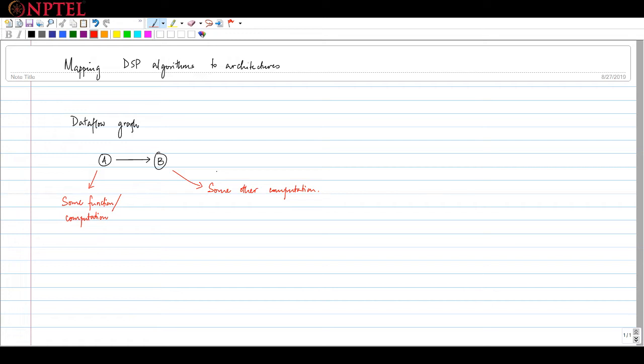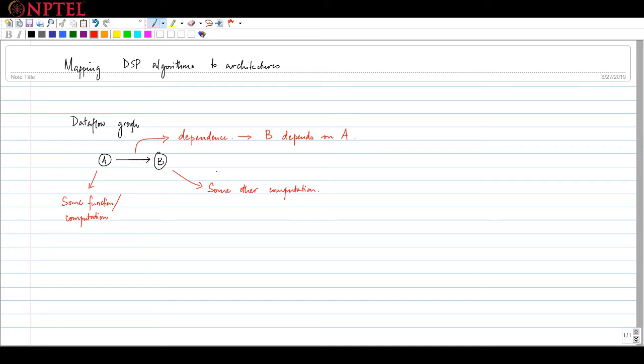Okay, and the crucial thing is this arrow over here, which indicates dependence. Okay, in other words, if I have an arrow from A to B like this, effectively what it says is B depends on A. Okay.